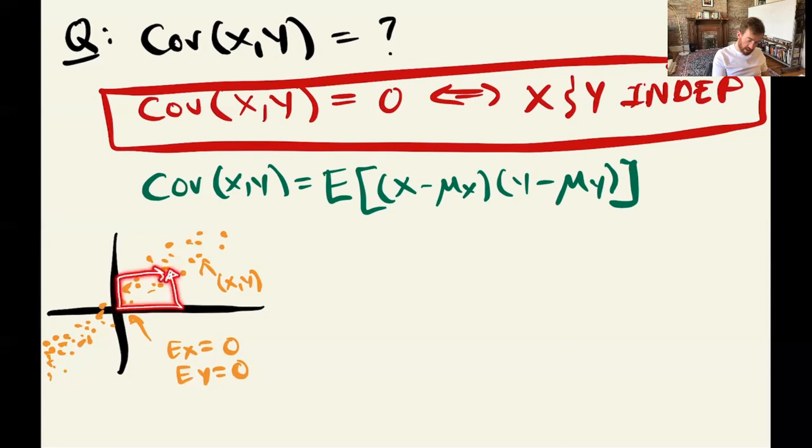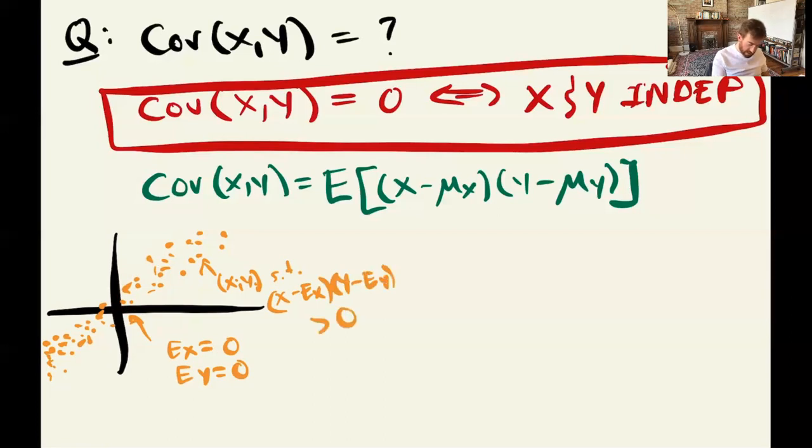And you can see that this number times this number, which are both positive, results in a positive. So these are points here, x comma y, such that x minus E of x times y minus E of y is greater than 0.